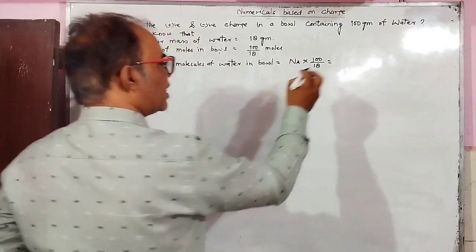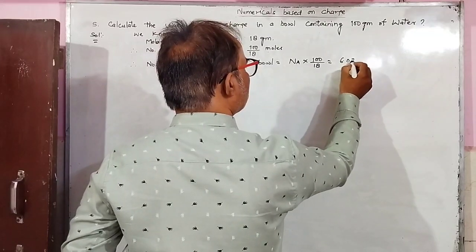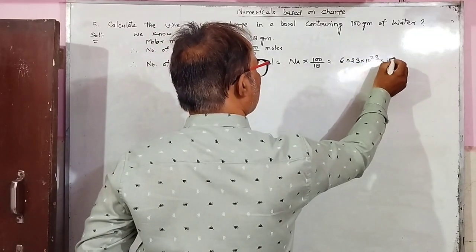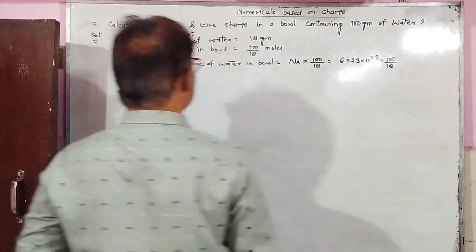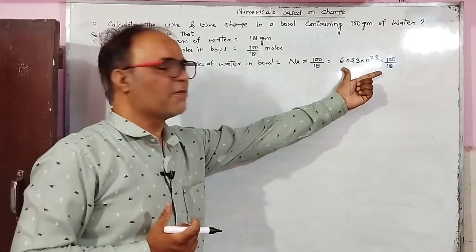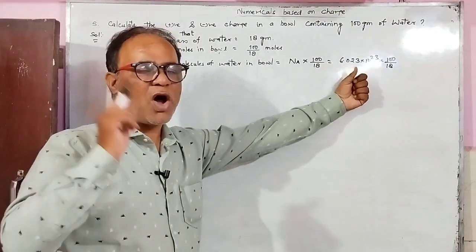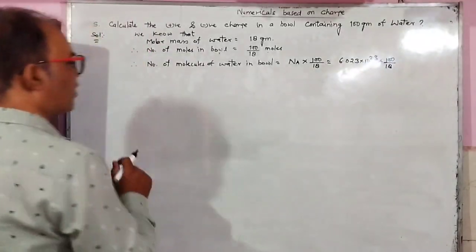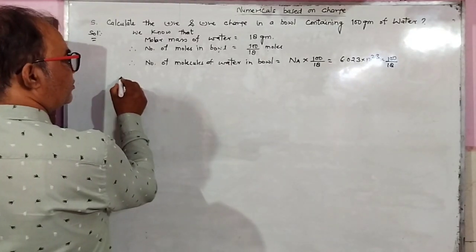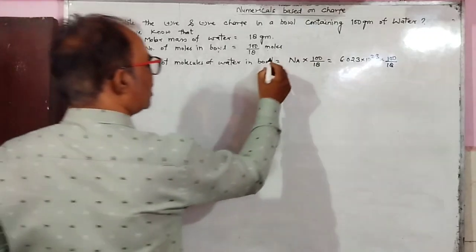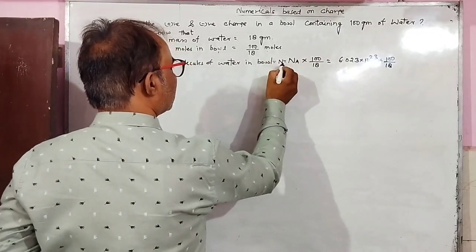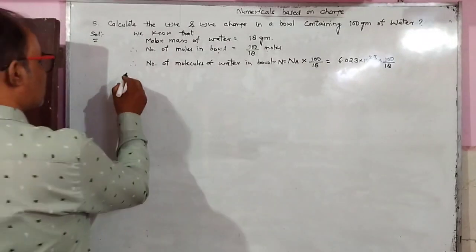It can further be written as 6.023 into 10 to the power 23 into 100 upon 18. That means the bowl contains this much number of water molecules. Now let us solve further. Since we can just call it a number of particles, we can place it as n.